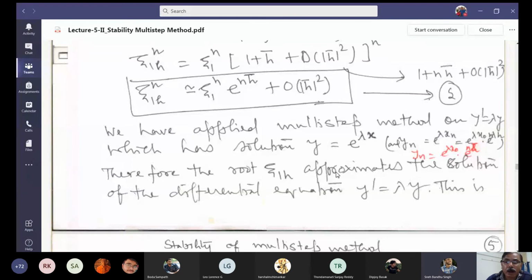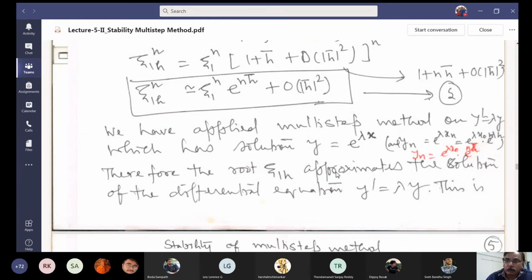Now, the method will be stable if those extraneous roots which we have introduced because of your k-step multi-step method are in your control.